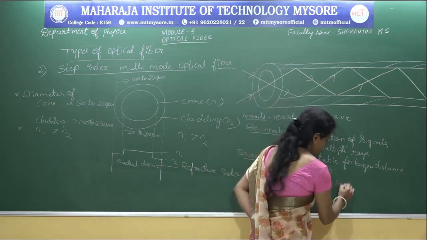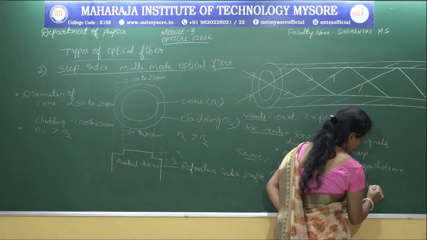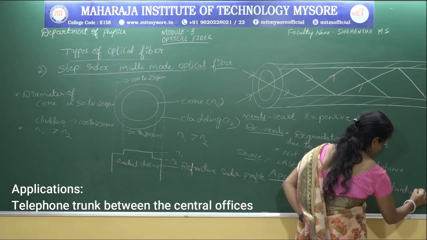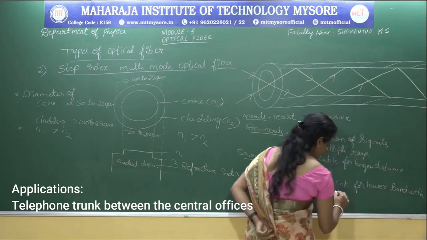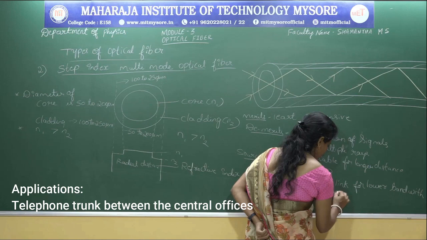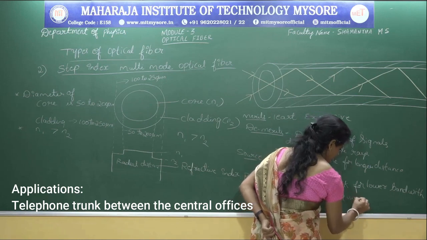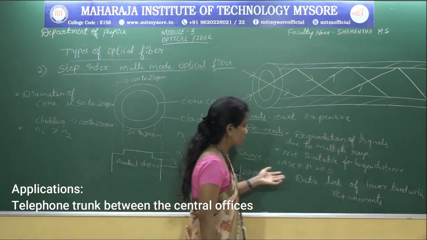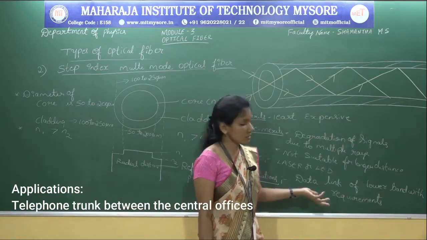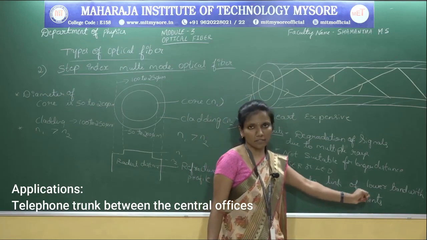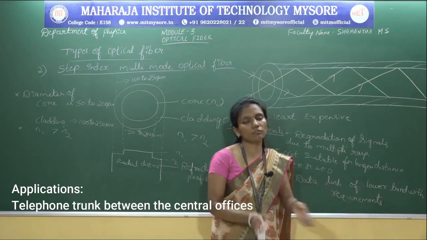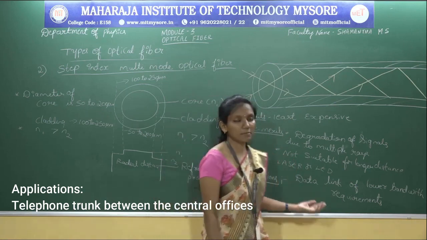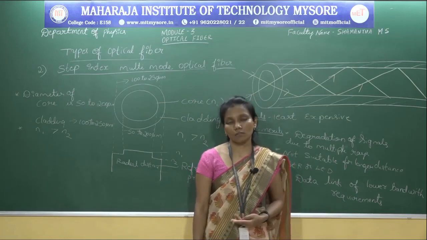It transfers the information for lower bandwidth requirements, where it is required only over a shorter distance. It transfers the signals. So that is the application of this multimode optical fiber.